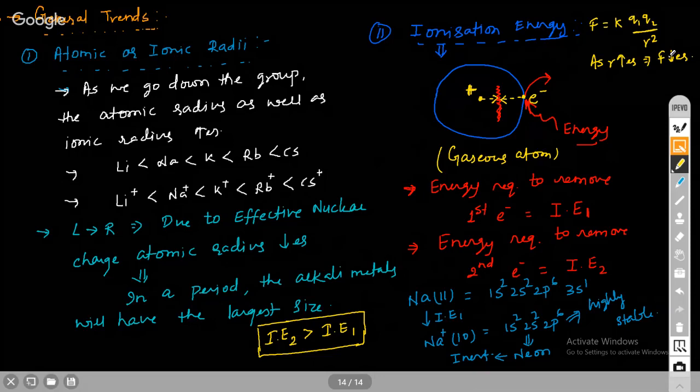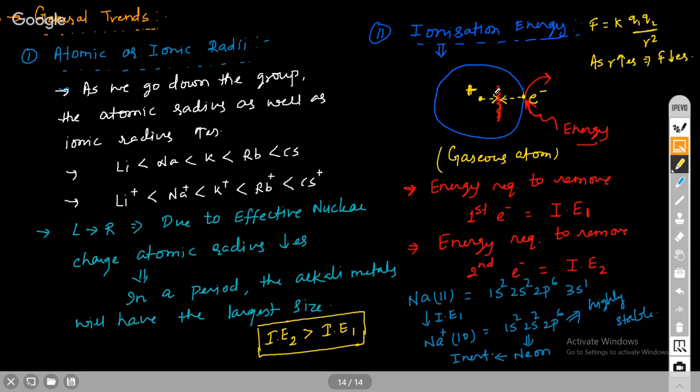In this case, when you have an electron present here, the distance between this charge and this charge is nothing but the radius of that atom. So as we go down the group, the radius increases, which means R increases, so the force of attraction decreases, and when the force of attraction decreases, it is easy to remove an electron, which means ionization energy decreases.